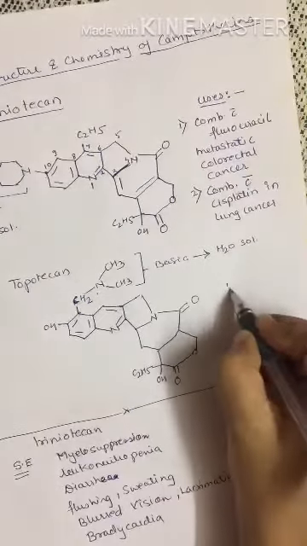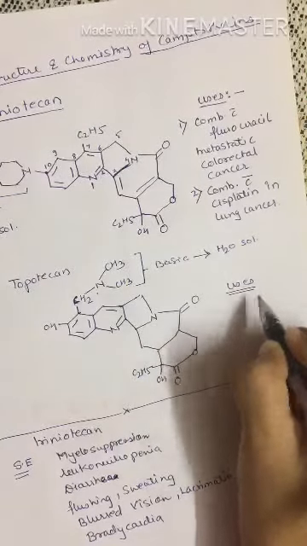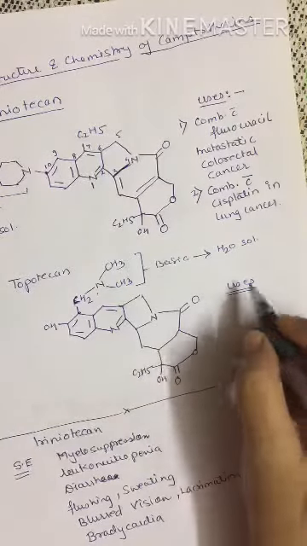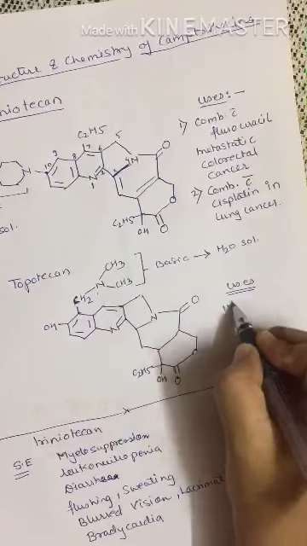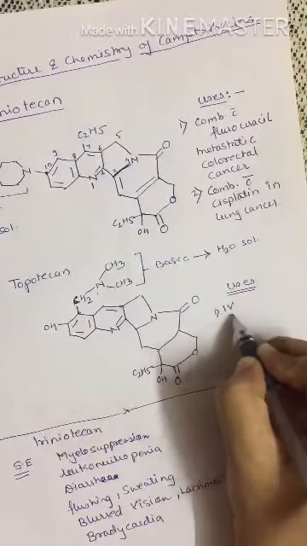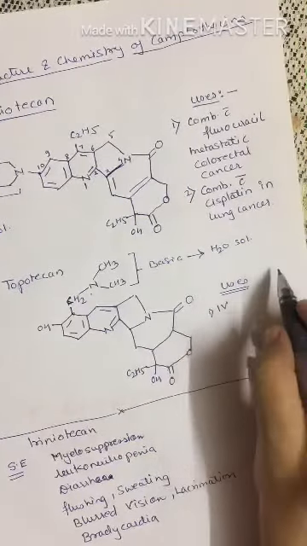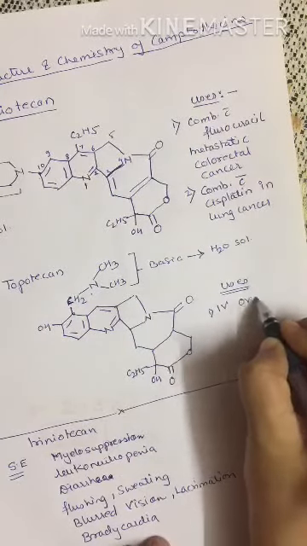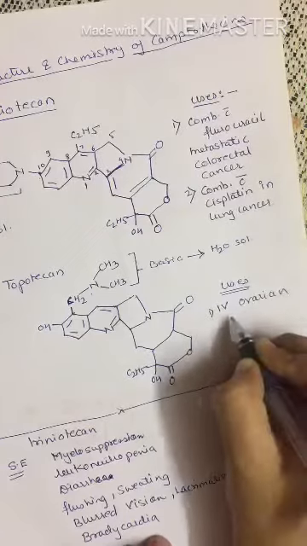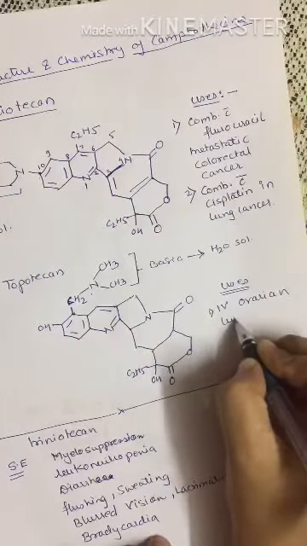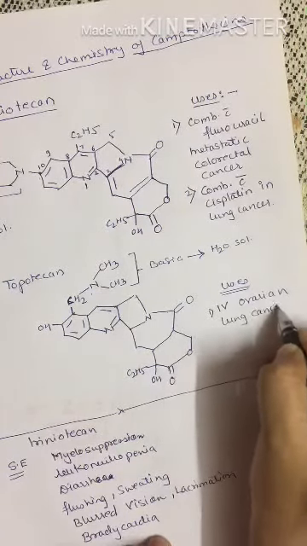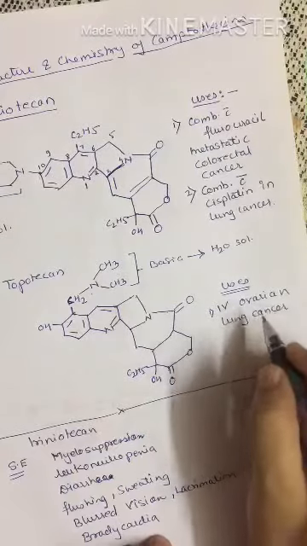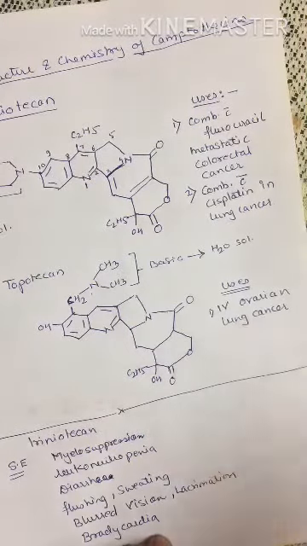Uses of topotecan: it is given IV for ovarian and small cell lung cancer as a first line therapy.